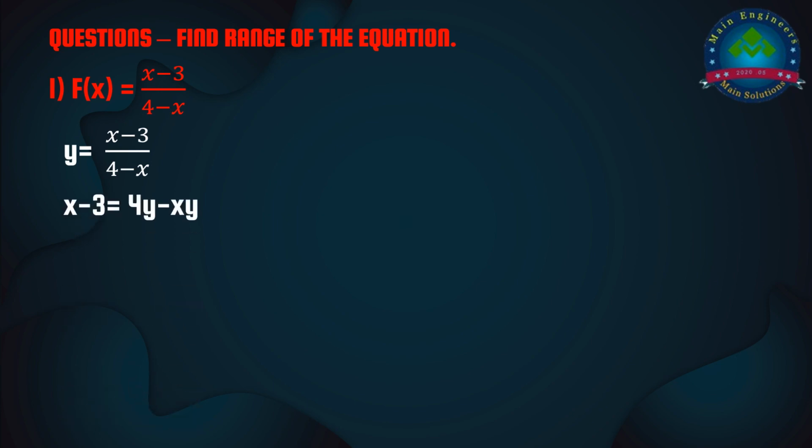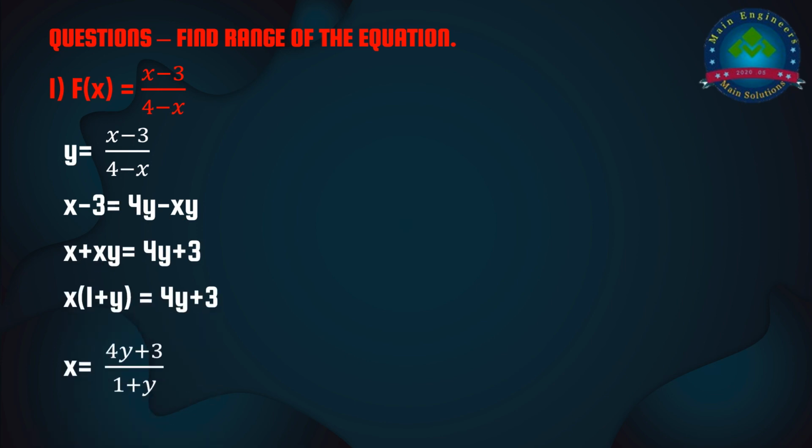So x minus 3 is equal to 4y minus xy, and then x plus xy is equal to 4y plus 3. Just take x common. So x into (1 plus y) is equal to 4y plus 3. x is equal to (4y plus 3) divided by (1 plus y).